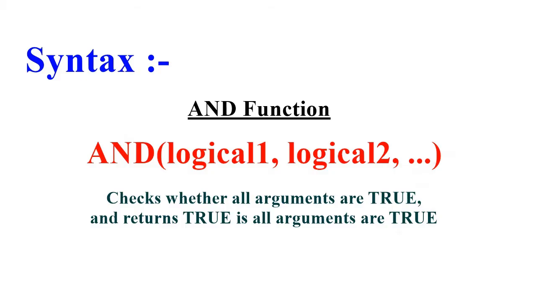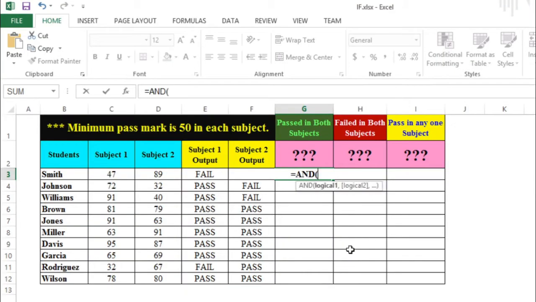Now, let us very briefly understand what AND function is. AND function returns true if all the arguments return true, as shown in the small text as function information. Let's use it in our table. Select cell, type equal to, then AND and first bracket, or hit the tab on your keyboard.